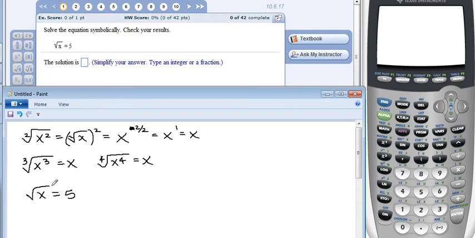I want to match this and that, so I'm just going to add a 2 in there. I'm going to square this side, but if I square this side, I have to square that side, right? So now the square root of a square is itself, and 5 squared is 25. Does that work? Square root of 25 is 5. Yeah, sure, it does.